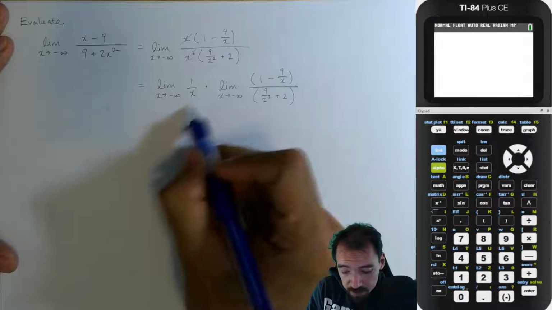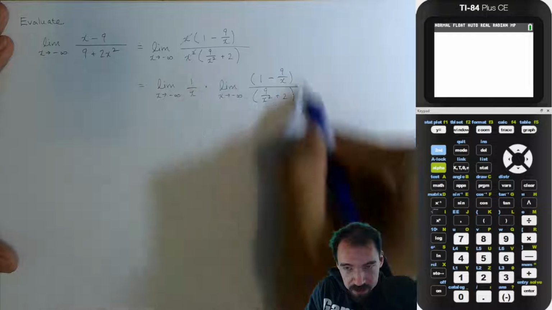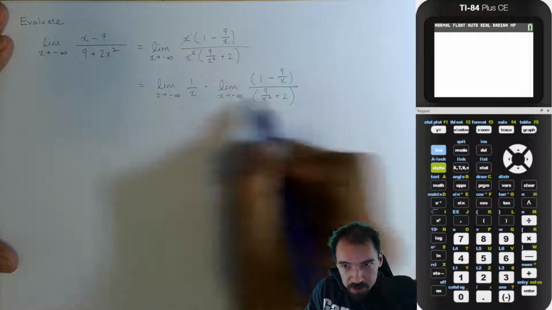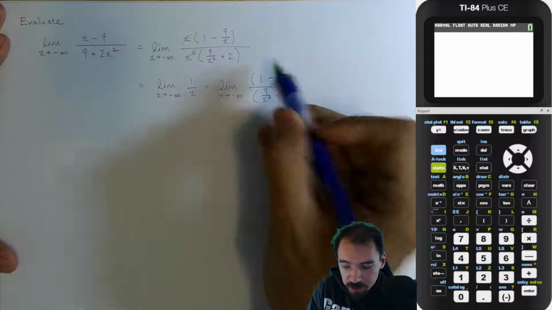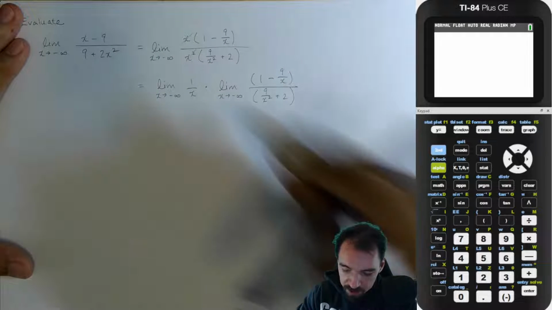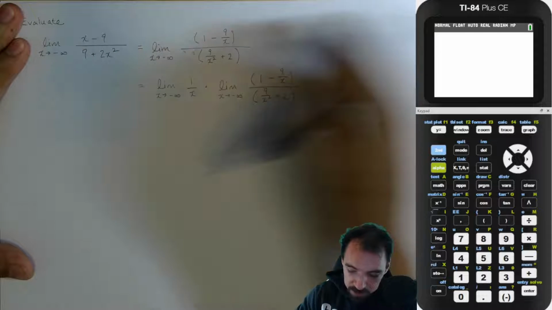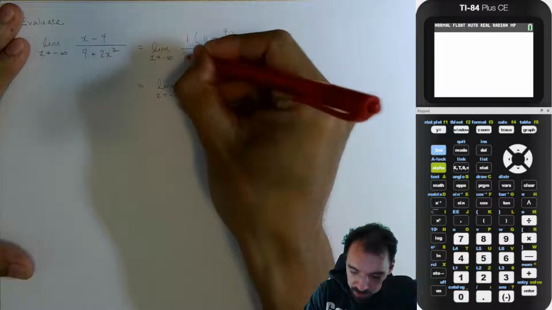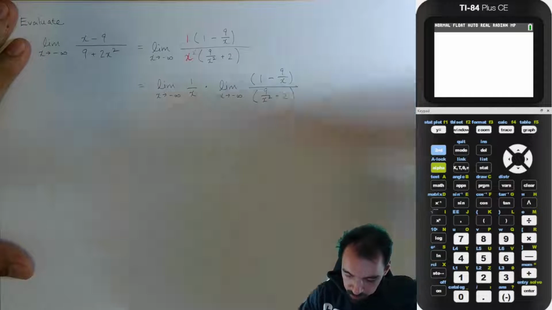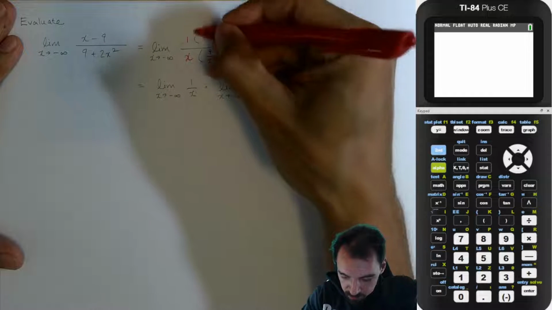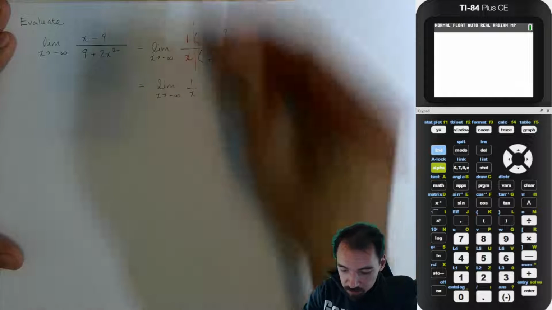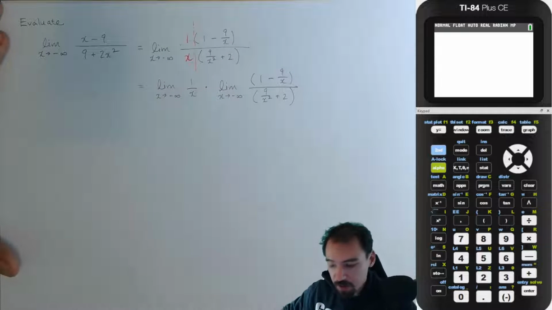So if this limit exists and this limit exists, then the product of these limits is going to be the limit of the product. And the reason I'm saying this is if I had this x and this x squared, I could rewrite it to actually look like this, where there's no longer a square in the denominator. So I'm simply splitting it along that product and turning it into those two things.